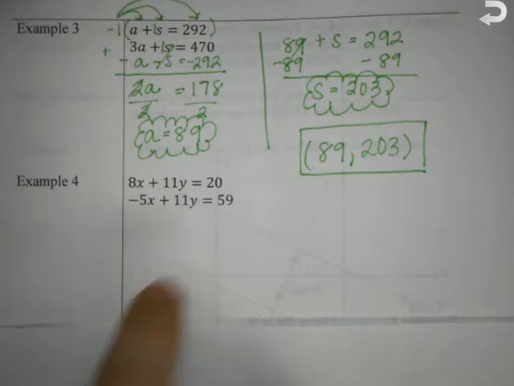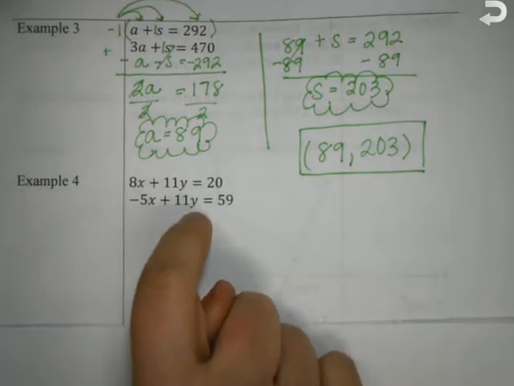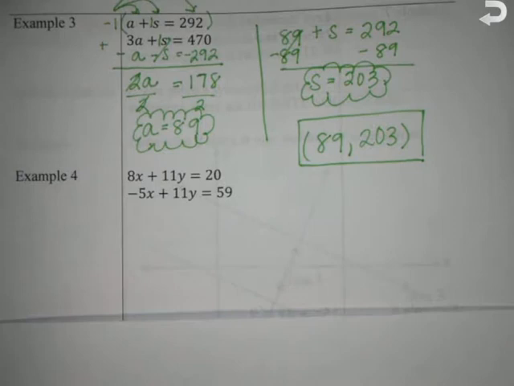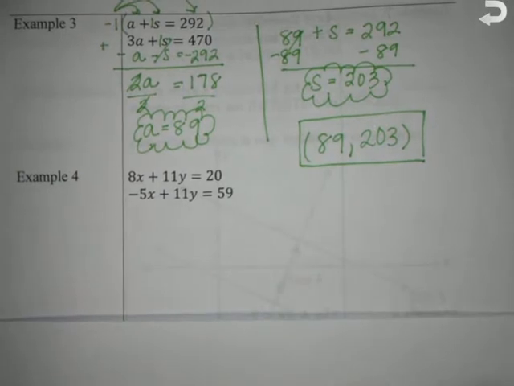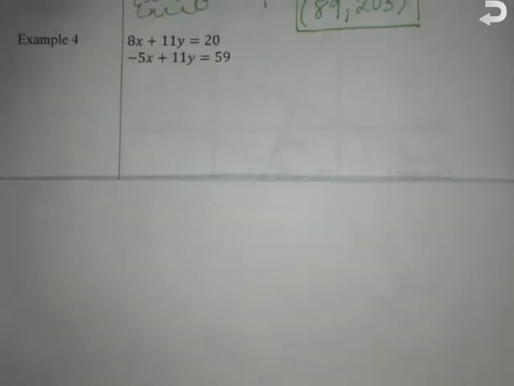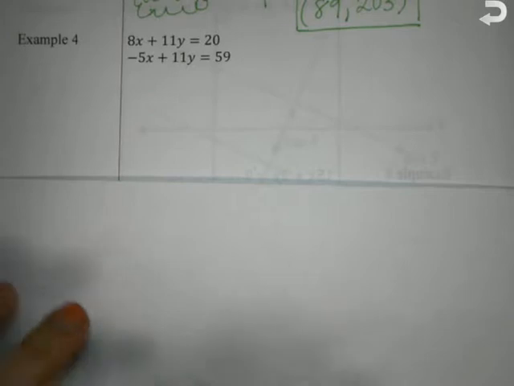Colton, which variable do I want to eliminate? X's or y's? The y's. Good, because they're both already 11, right? Okay, how am I going to get one of those 11 y's to be negative, Ashley? Multiply by negative 1. Which one did you do, the top or the bottom? You did the bottom? That's what I did too.